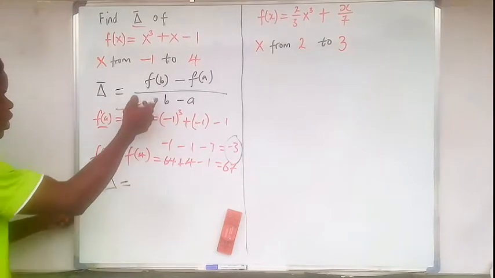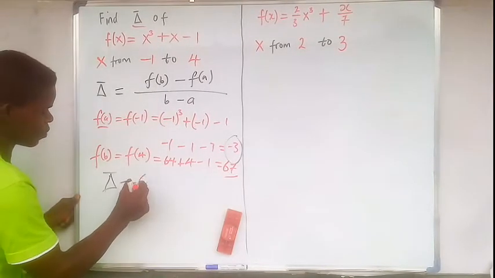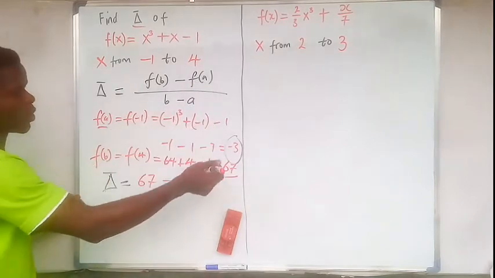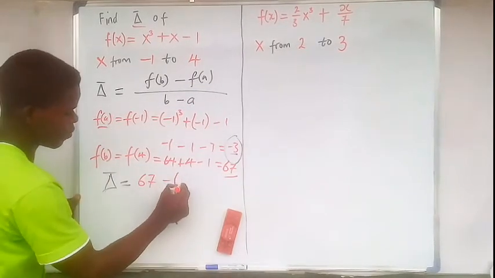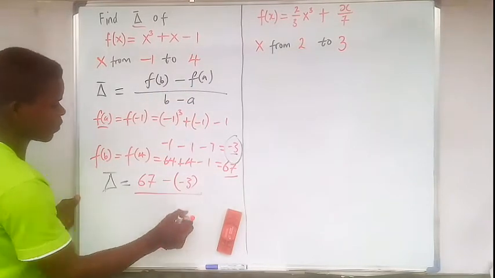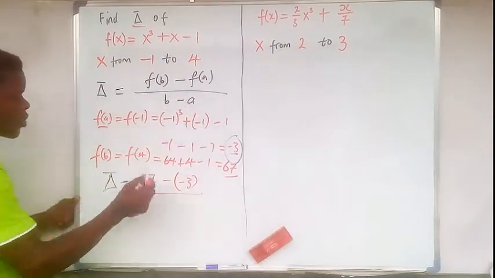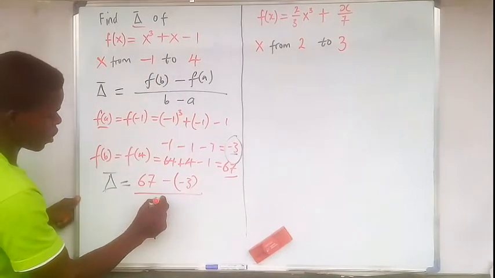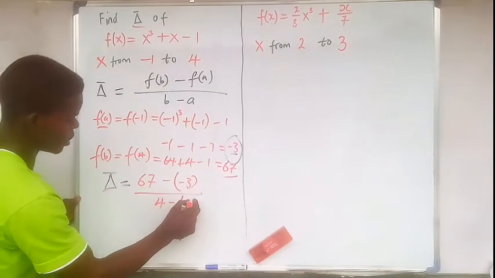Using the formula, f of B is 67 minus f of A, which is -3, divided by B minus A, where B is 4 minus A, which is -1.